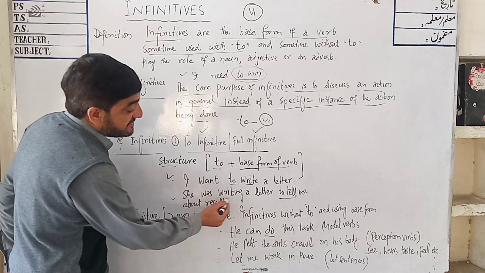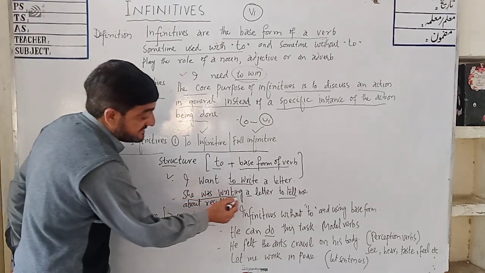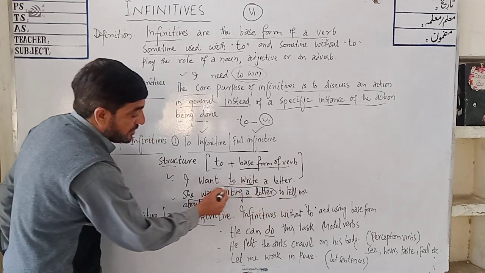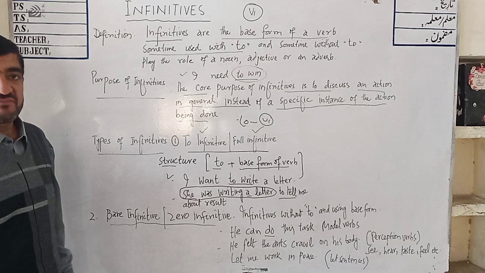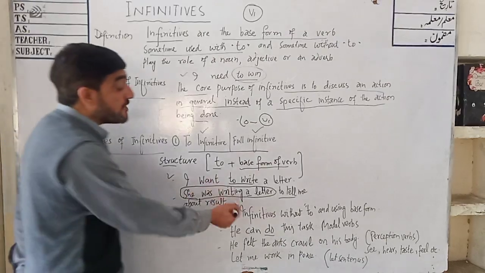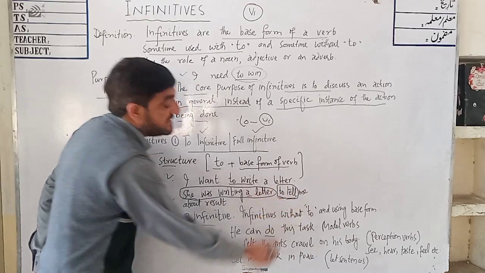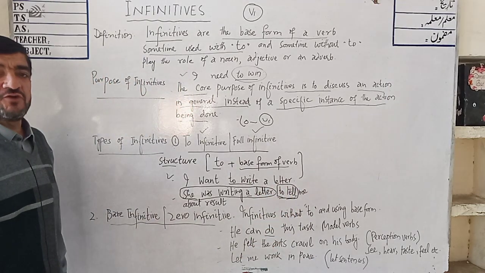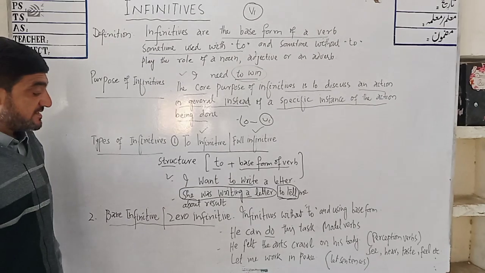Second, she was writing a letter. Up till this place, it is known as past progressive or past continuous. But what purpose? To tell me about result is known as full infinitives or to infinitive.